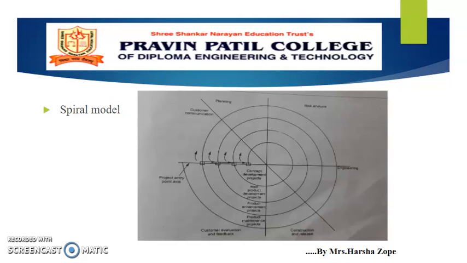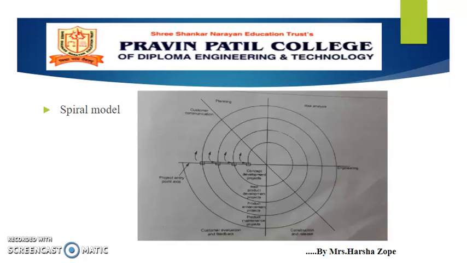During the planning phase, the cost and schedule of the software can be planned. In the spiral model, the project entry point axis is defined, and this axis represents the starting point of different types of projects. For instance, a concept development project will start at the core of the spiral and will continue along the spiral path.